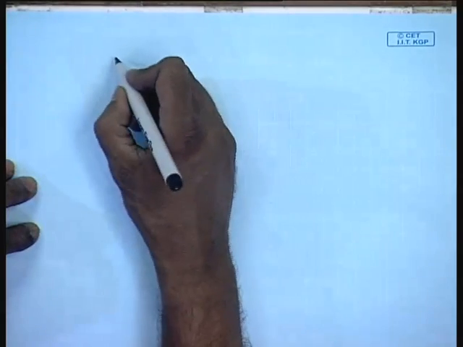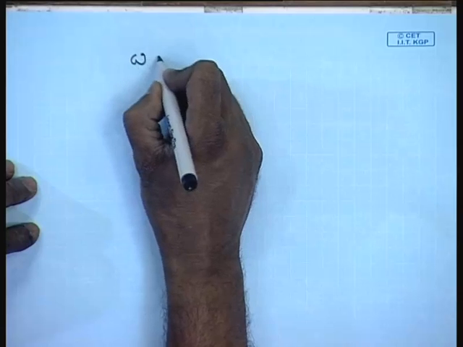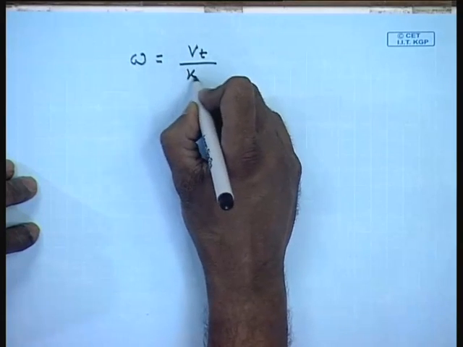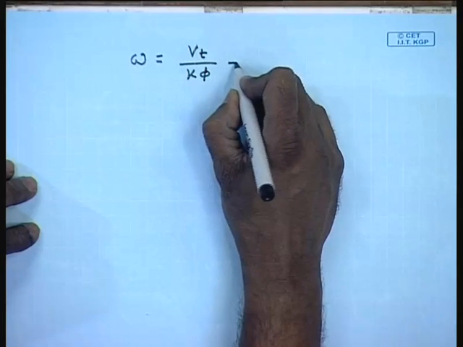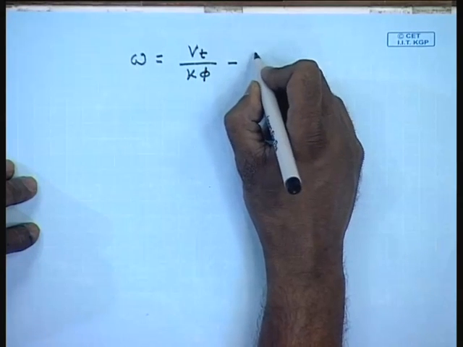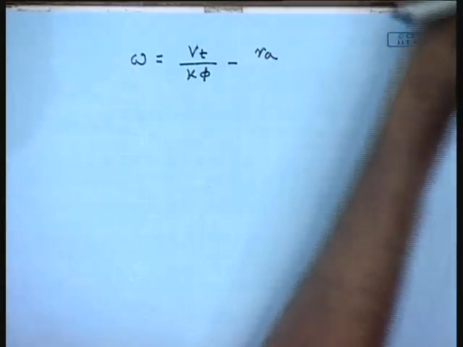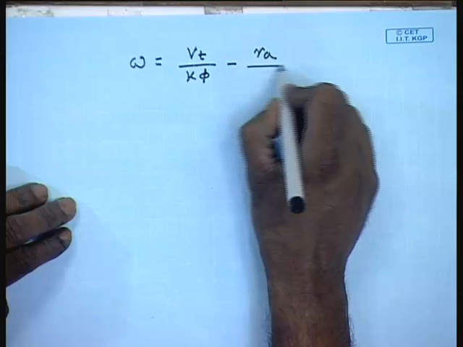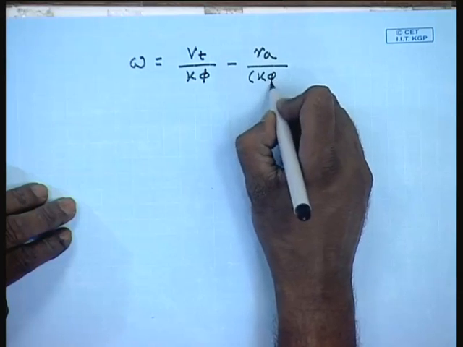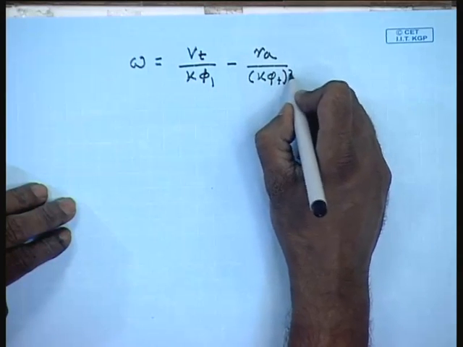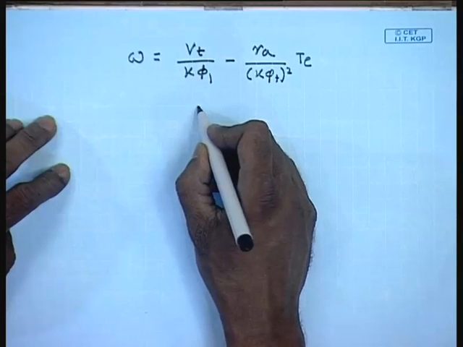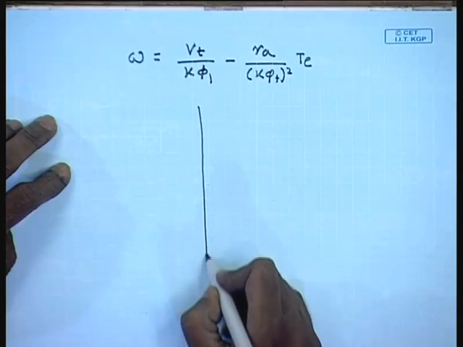The expression for the torque speed characteristics is speed equal to Vt by k phi minus Ra by k phi square times Te.